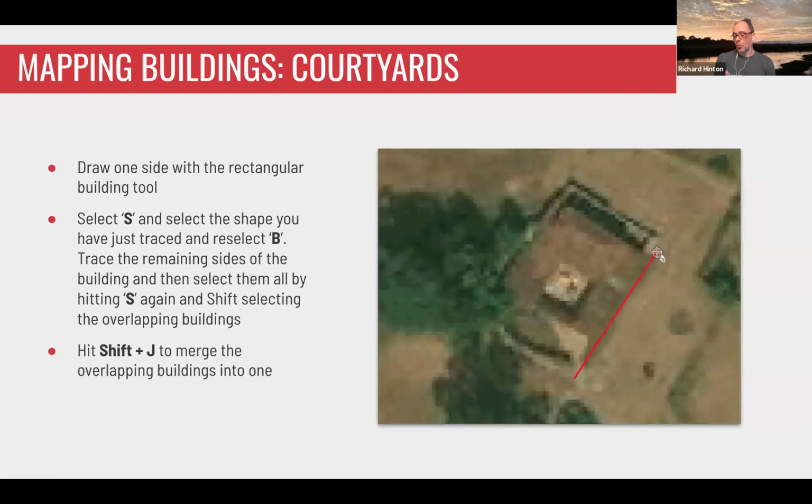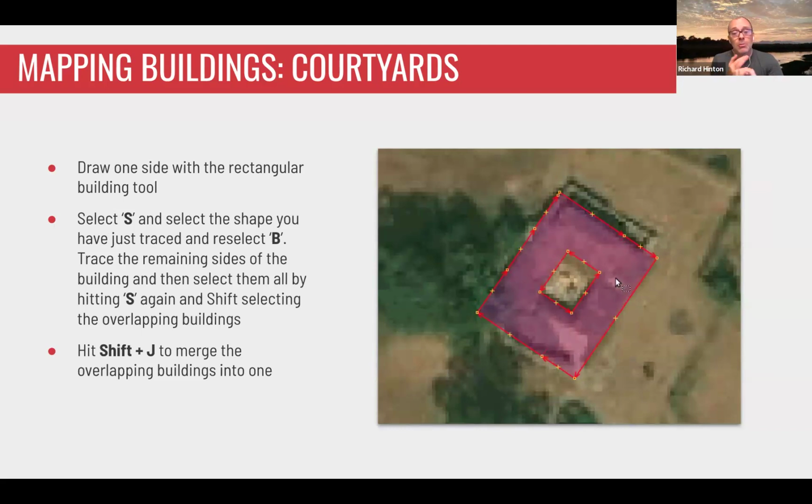Another way to create more complex features is using the building tool as well. So sometimes we have buildings that have an inner courtyard, right? So it's essentially like a donut. So you have an outer polygon that represents the outer dimensions of this particular feature. You'll need an inner polygon as well to represent those inner features.